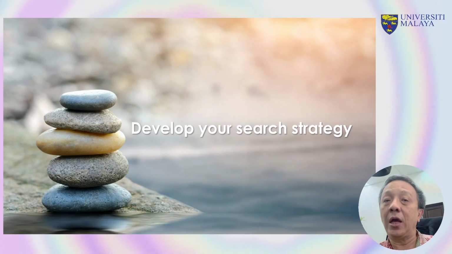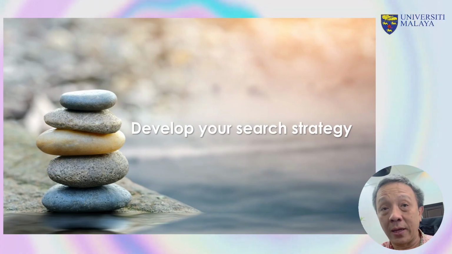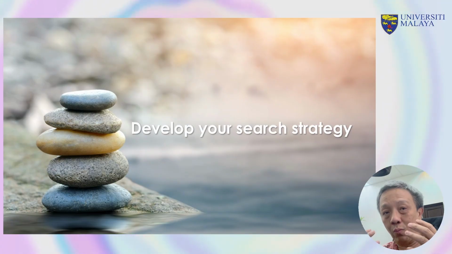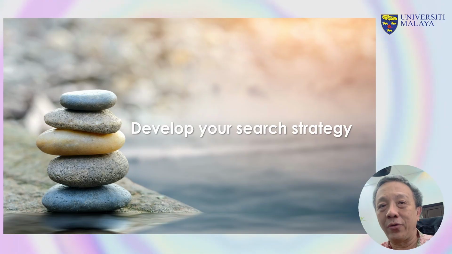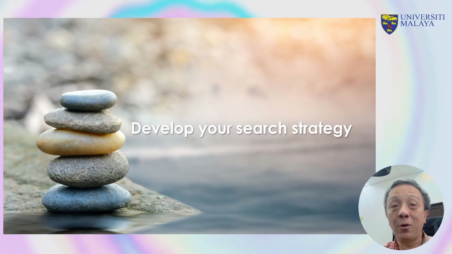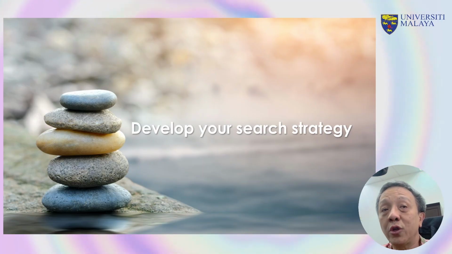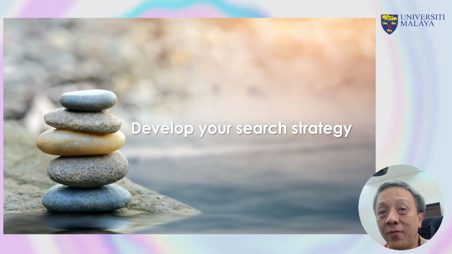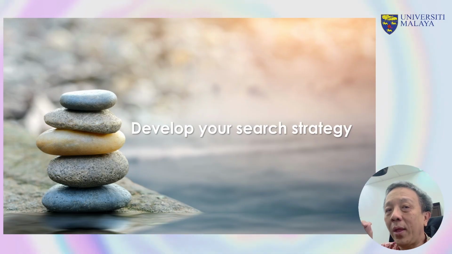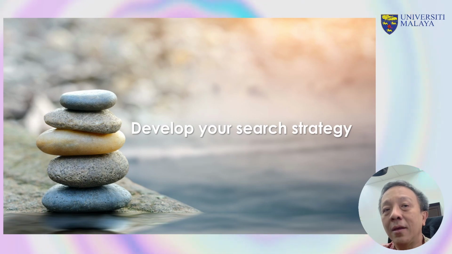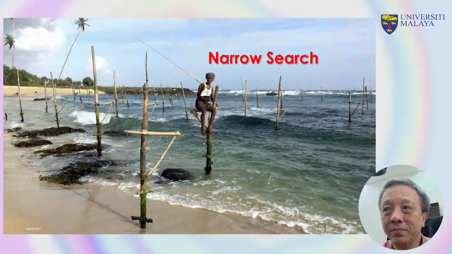After you have a research question that you are thinking of, all right, you have broken down the research question into looking at it from the PICO, PEO, or DDO perspective. Then you need to think of how can I develop a search strategy for my research question. When you think about search strategy, you want to develop a search strategy so that you can actually do the search, all right?